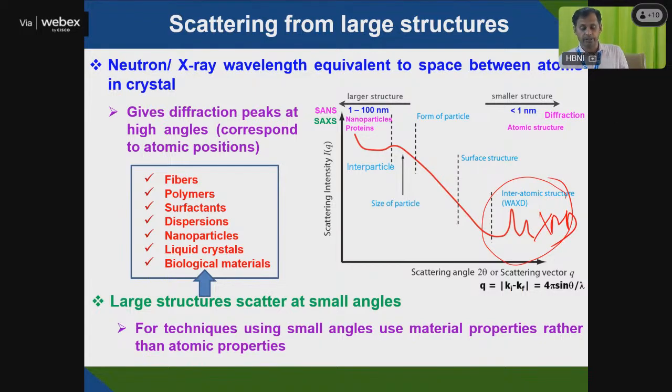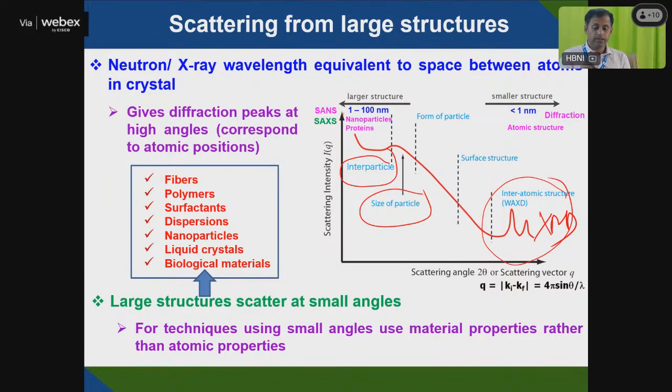But in the case of 1 to 100 nanometer, where the size is larger, such as nanoparticles and proteins, you get information about interparticle interaction, the shape of the particles, and the form of the particles. All this information you get in the case of larger structures.